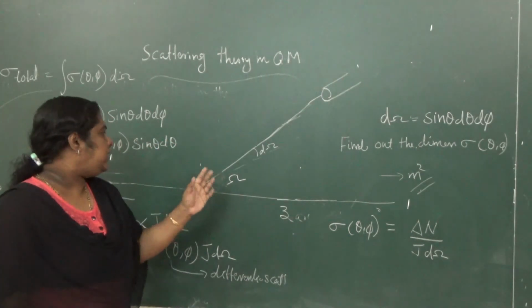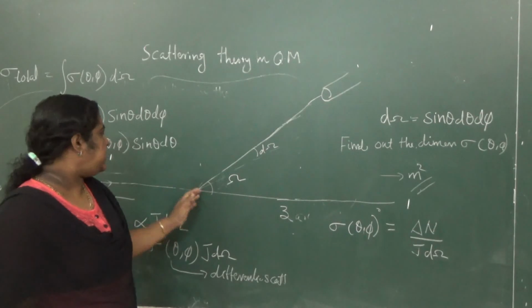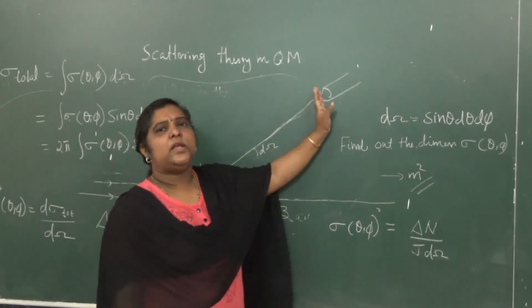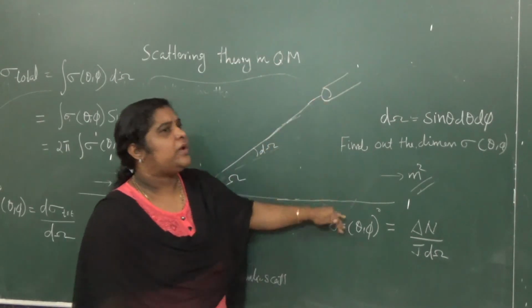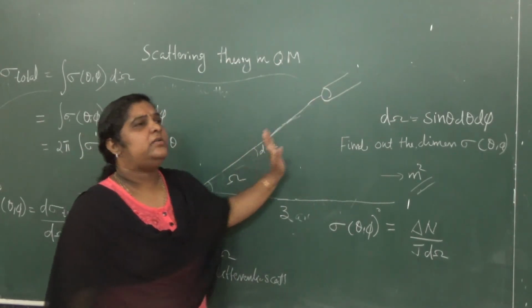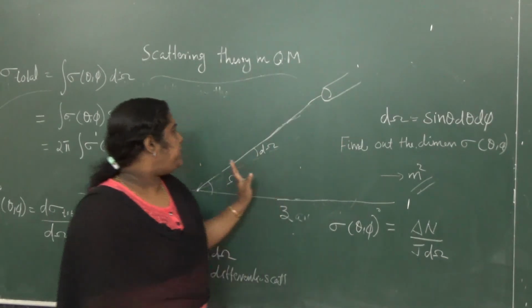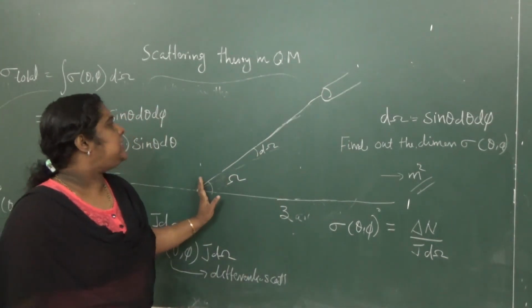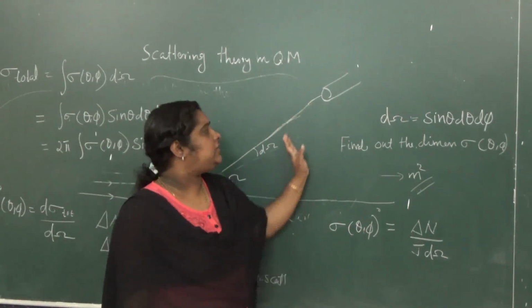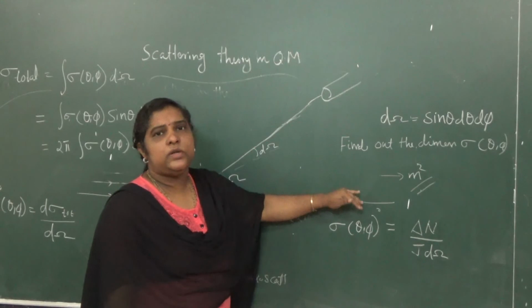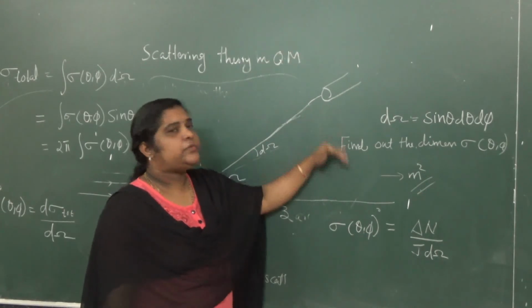This is our plane wave, and here it is like a spherical wave, so you have to represent the scattered wave as a spherical wave. As the distance increases, as you go far from this, the intensity also decreases. That is the nature of a spherical wave.